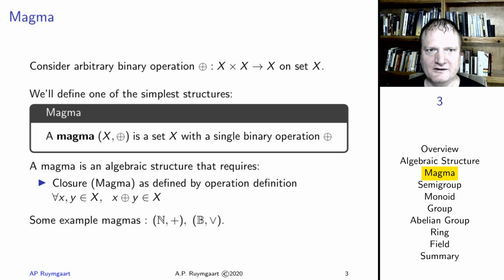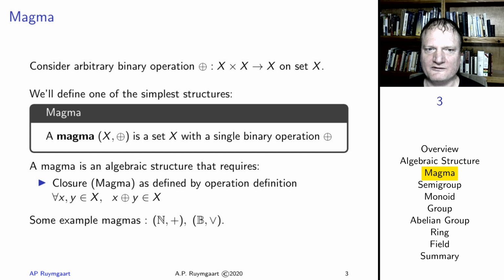A magma consists of a set X along with a single binary operation on that set X. So consider the binary operation ⊕ on X that takes two inputs on X and maps back a single output on X. And one of our simplest possible structures, a magma, is the set X along with that binary operation ⊕. And the only requirement is that ⊕ is closed, by the definition of operation, on all elements of the set X.